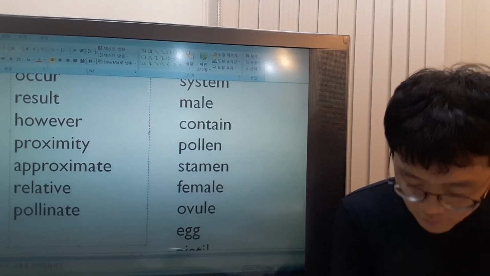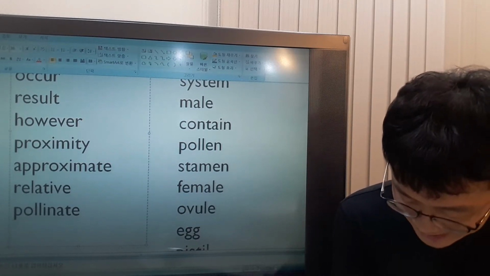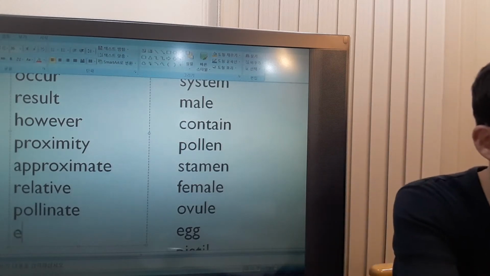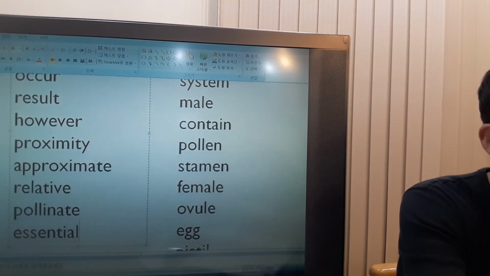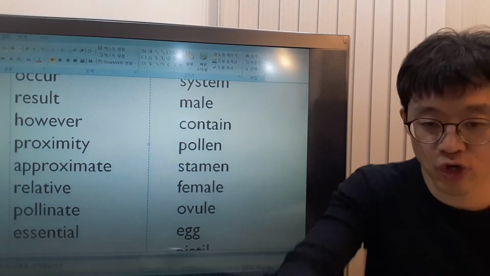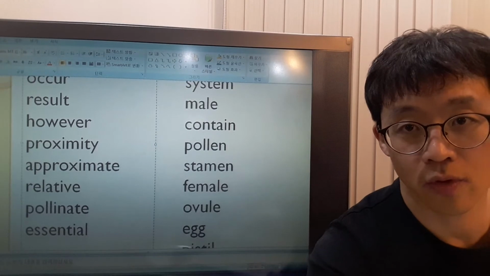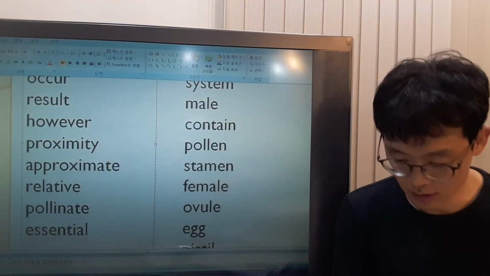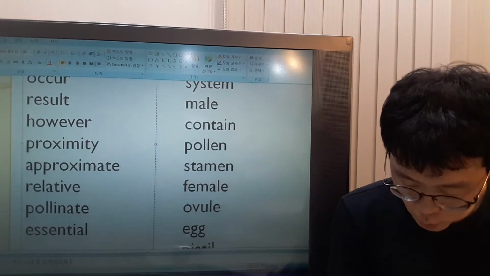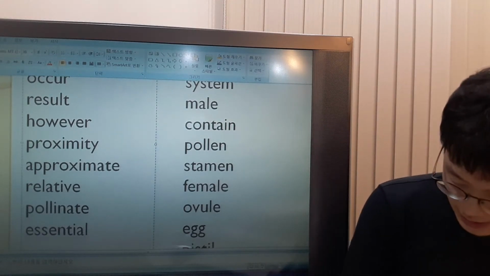Essentially, blooming flowers attract birds and insects such as bees and butterflies. Essentially, what does that mean? What does essential mean? Essential means extremely important or absolutely necessary, okay? So very importantly, blooming flowers attract birds and insects.